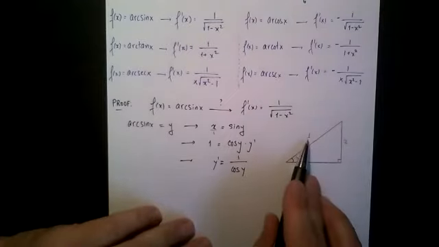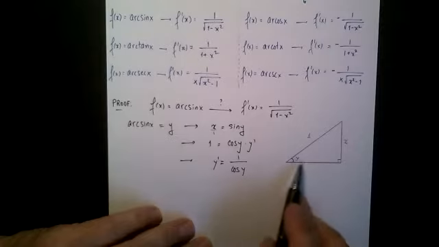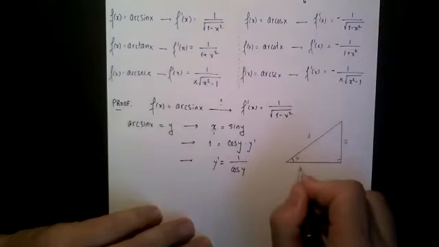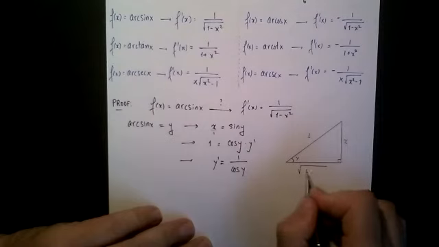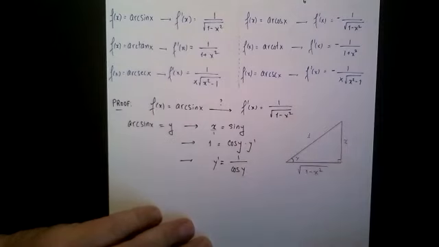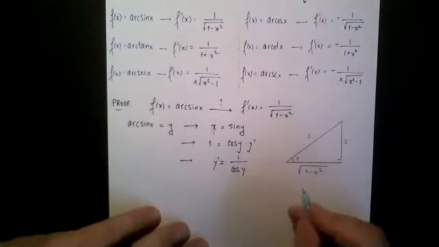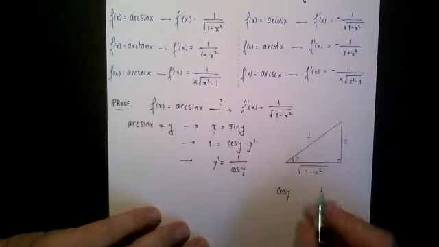So now that I have 1 and x, then I could find this using Pythagoras theorem. So now this is going to be square root of c squared minus b squared, so square root of 1 minus x squared. Are you with me? And so now I could find an expression for the cosine of y.